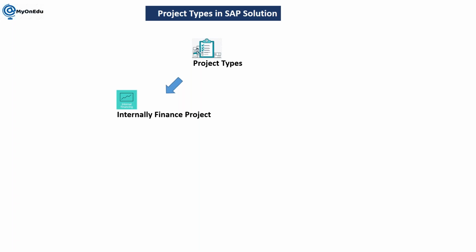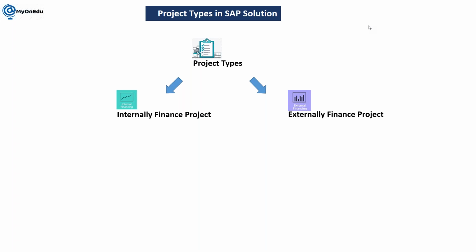There is no customer in that case. Another is the externally financed project, which has to be financed by another party, like customers. Let's say a contractor is working for Godrej Properties. This project is internally financed for Godrej Properties, but for the contractor, it is an externally financed project.